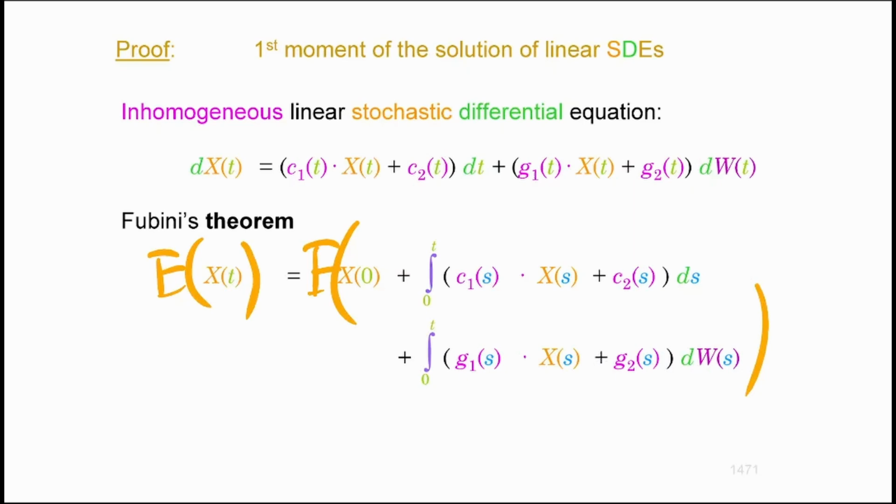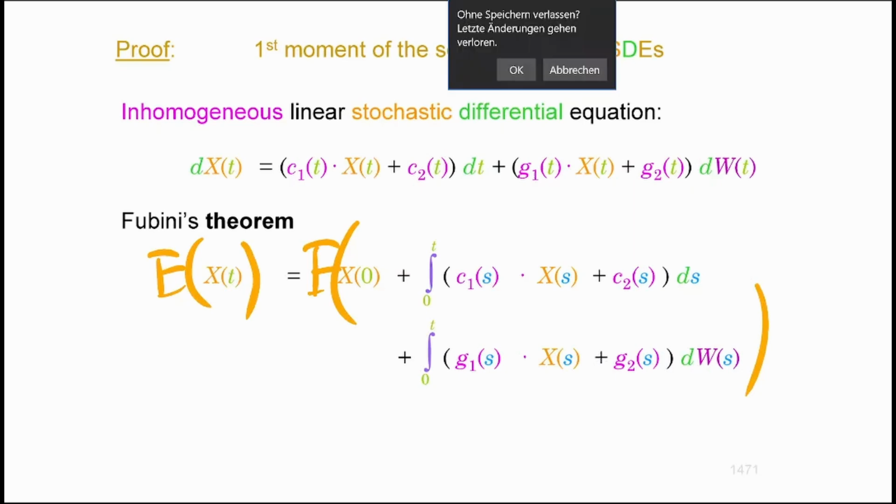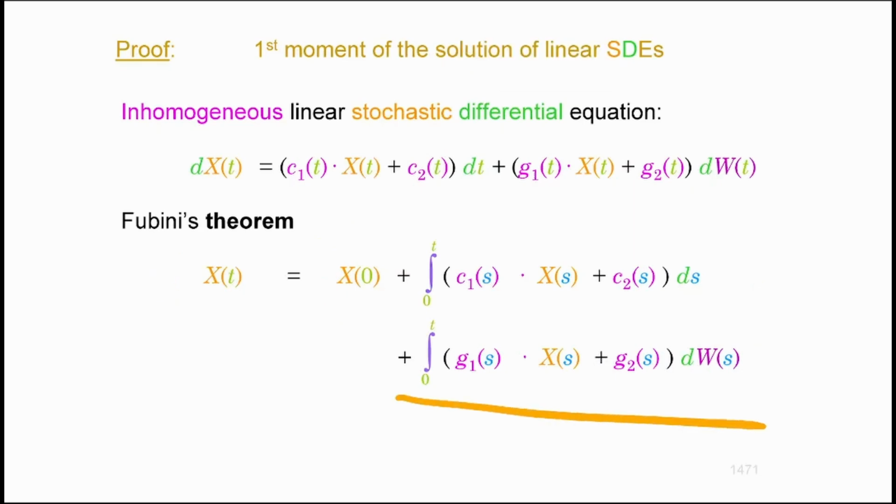And by doing Fubini, the expectation of the integrals will be the integrals of the expectations. Just that. Except for the latter, because this is a Riemann-Stieltjes integral, and the expectation of a Riemann-Stieltjes integral is 0. So for that, I don't need Fubini to apply.